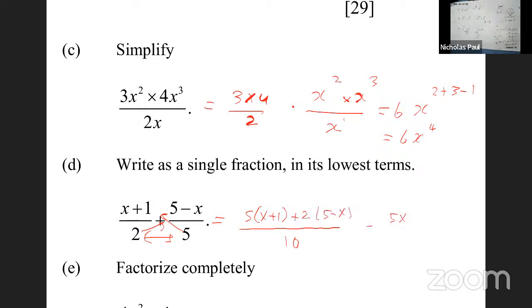So it's 5x plus 5, plus 10 minus 2x all over 10. 5x minus 2x, that's 3x. 5 plus 10 is 15 all over 10.